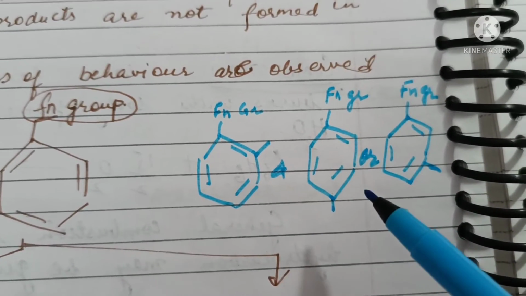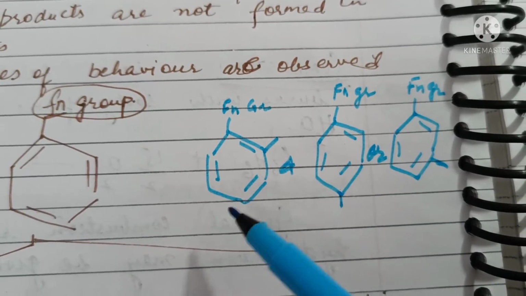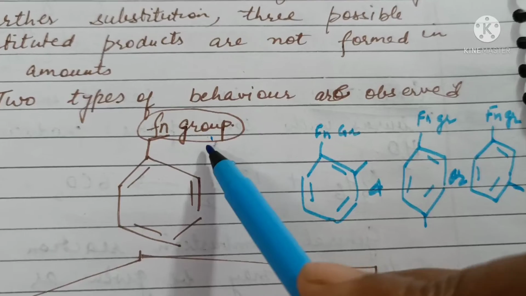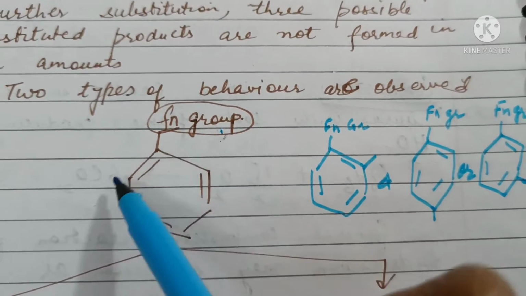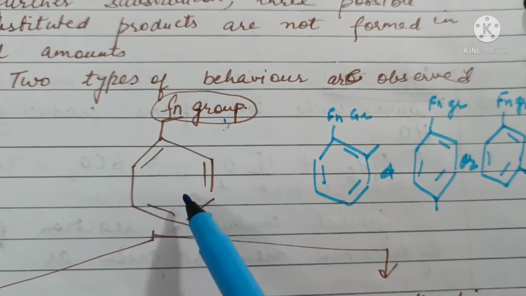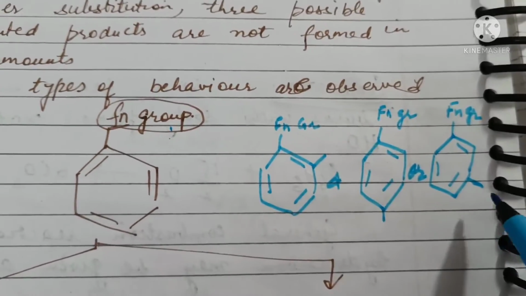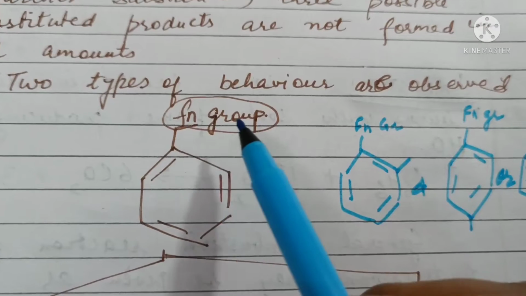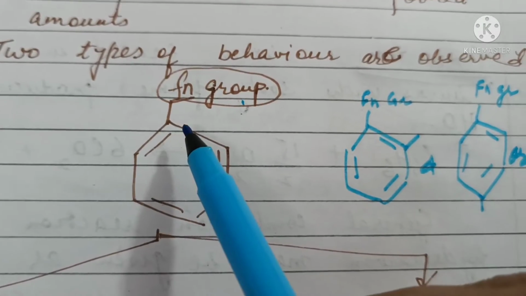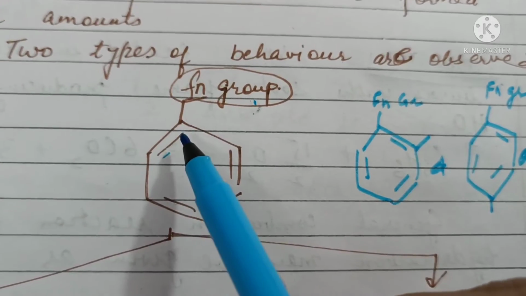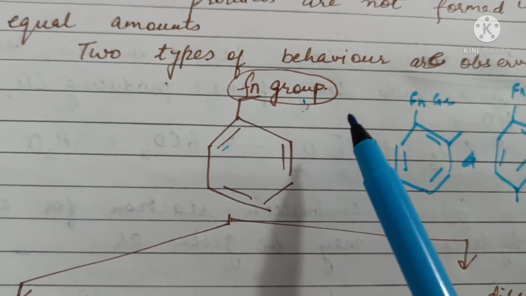If the isomers formed are ortho and para, the functional group or substituent is said to be ortho-para directing. And if the meta product is formed, then the functional group is called meta directing.